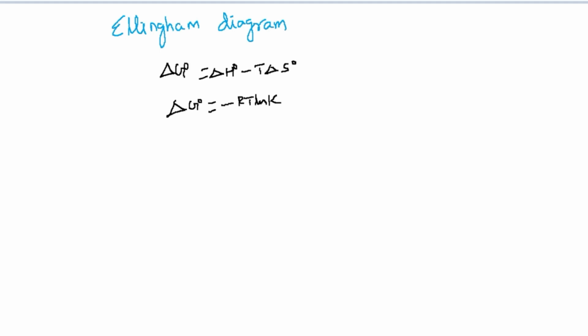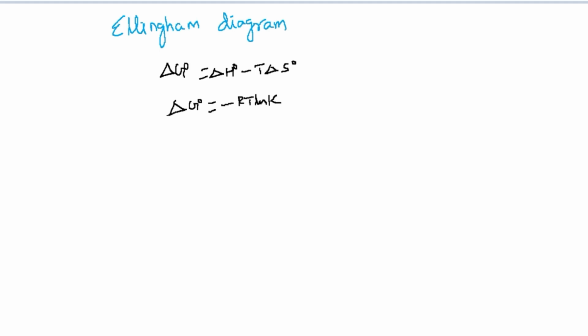Now, to understand the Ellingham diagram and its application in metallurgy, let us consider the decomposition reaction of a metal oxide. Let us assume that this decomposition reaction of metal oxide is in equilibrium. Since different metal ions have different valencies, the formula for metal oxides are also different.